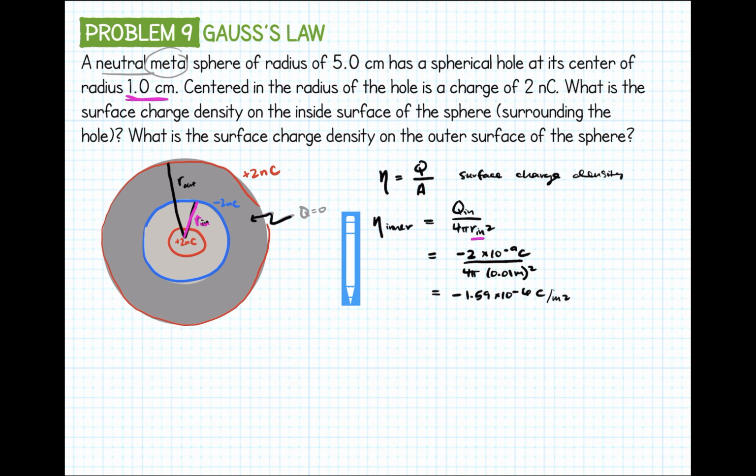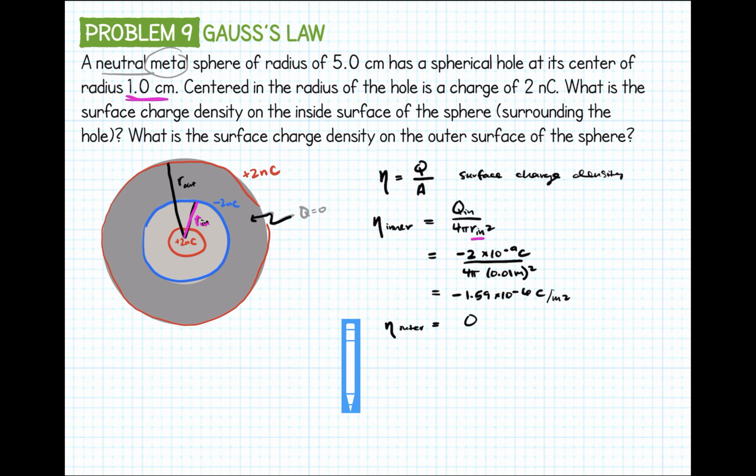Now, because we know the inner and outer charges are the same, which density do you expect to be bigger? It's got to be the inner one, because you have the same charge spread out over a smaller sphere surface. So the inner one's going to be a bigger density, more dense, right?